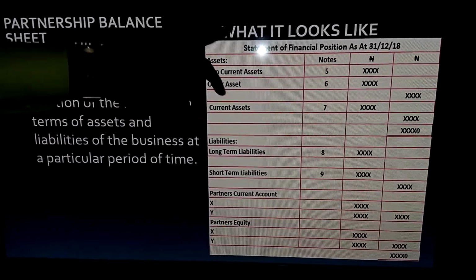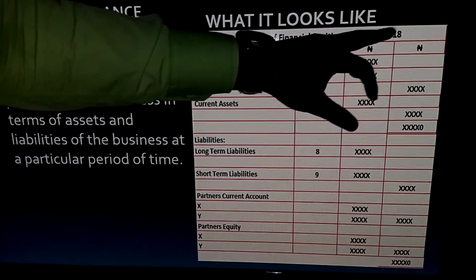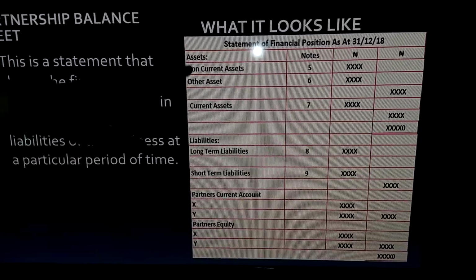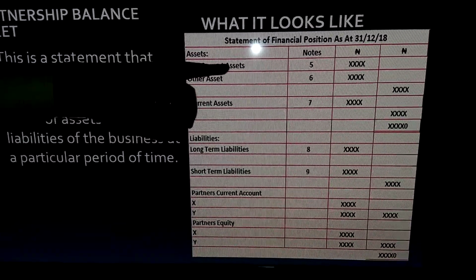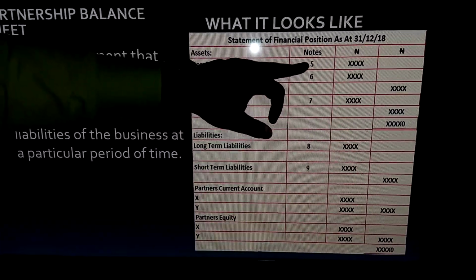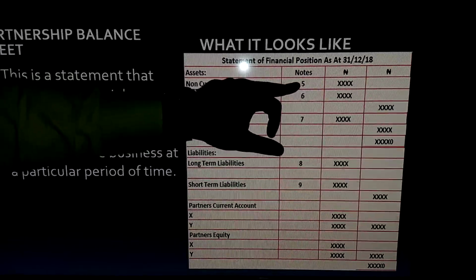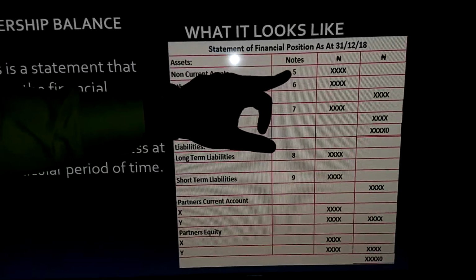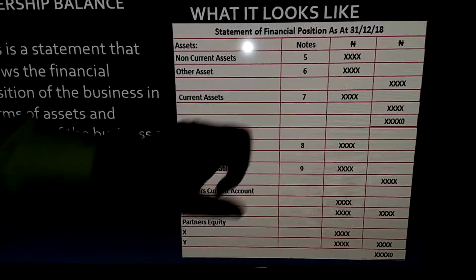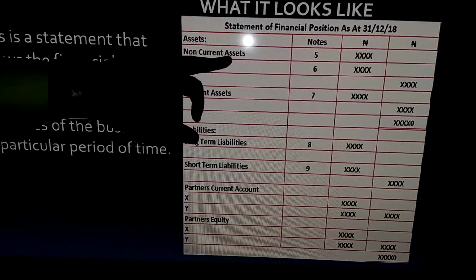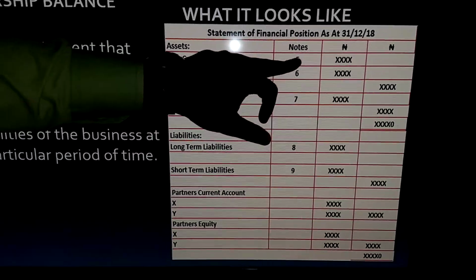Look at it here. Statement of financial position as at 31st December 2018. So we have the assets, non-current assets. This is the note to show the detail. I've already taught you how to prepare a balance sheet, so go to your class for trading, profit and loss account and balance sheet. It's the same way. This is the non-current asset. They are fixed assets. The note here shows you the components.